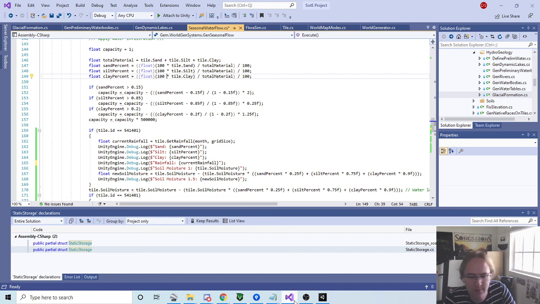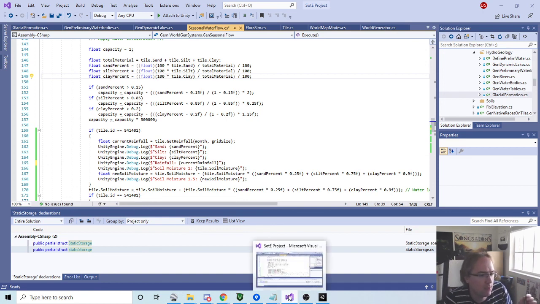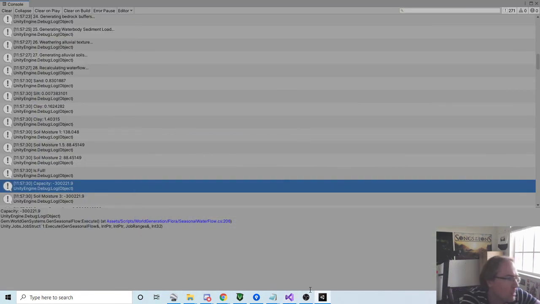Alright, so let's grab our actual... Okay, so in this case, sand percent is 0.83, silt percent is 0.007, clay percent is 0.16.